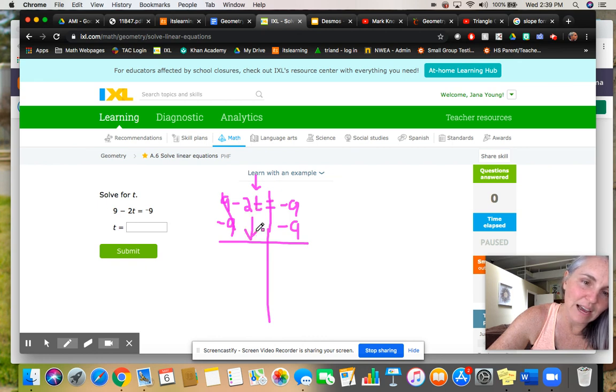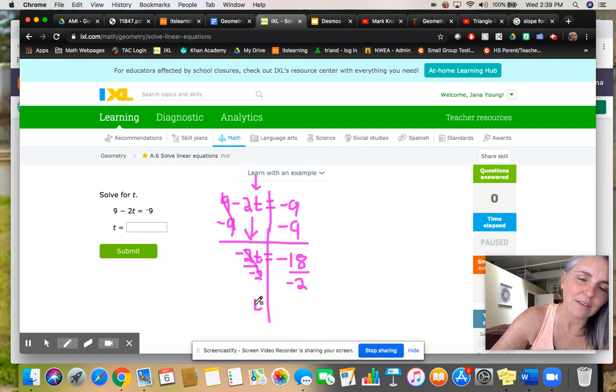This comes down. So you have negative 2t is equal to -9 minus 9, which is -18, same sign, add, keep the sign. Then divide by -2 to undo the multiplication, 2 times t.